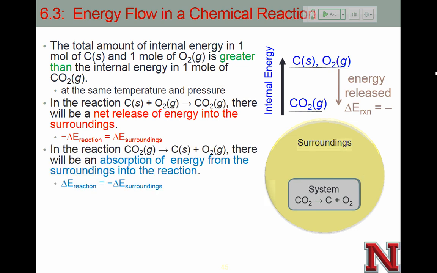If the reaction is the opposite, breaking up CO2 to form carbon solid and oxygen, then we would have to increase the energy of our system because our products in this case would be higher in energy. That would be a really hard reaction to do because it's not very stable to reform carbon and oxygen.